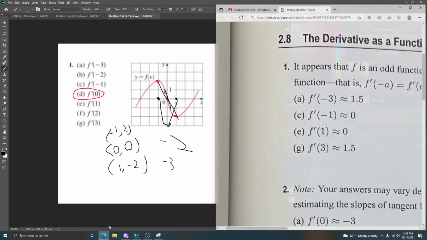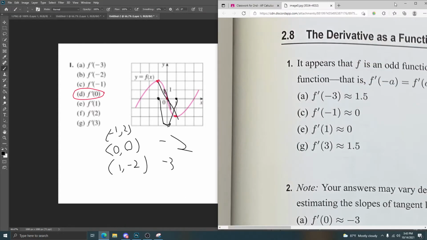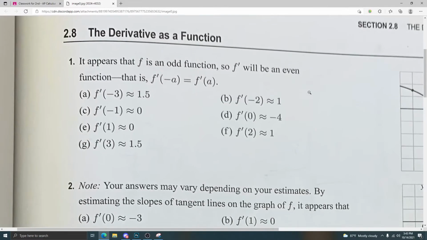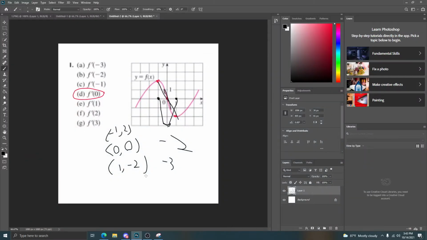The answer on the answer key is -4, I believe. Yeah. So I would do something like that. It's frustrating to have to make approximations like that, but that's in general just how you're going to get by with this. You just compare it to the average slope, like what the slope would be if it were linear, and then you compare it to where it is in the graph.